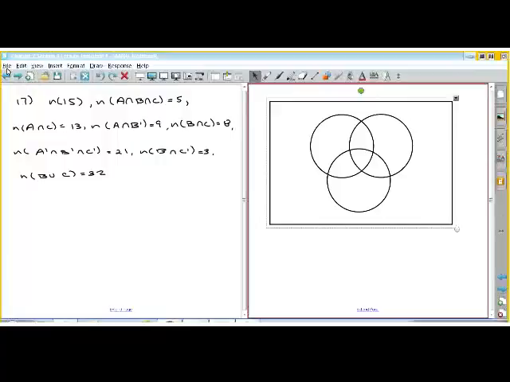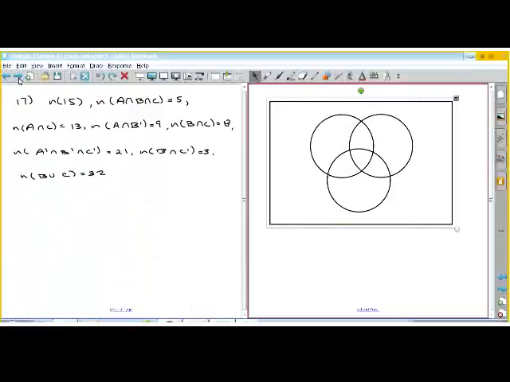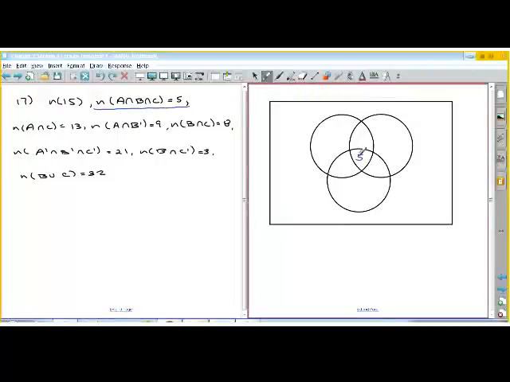So we do the same thing. If you go back to the previous problem, what did I say to do first? Start with the intersection. So do we see that in our list? Yes, we do. It's that. So that goes in the middle, 5.